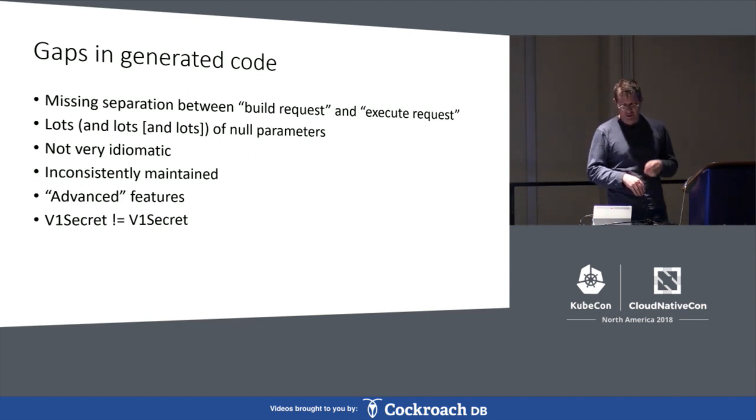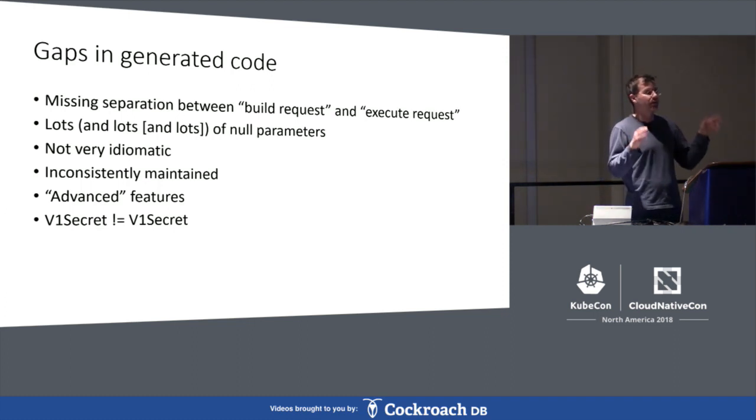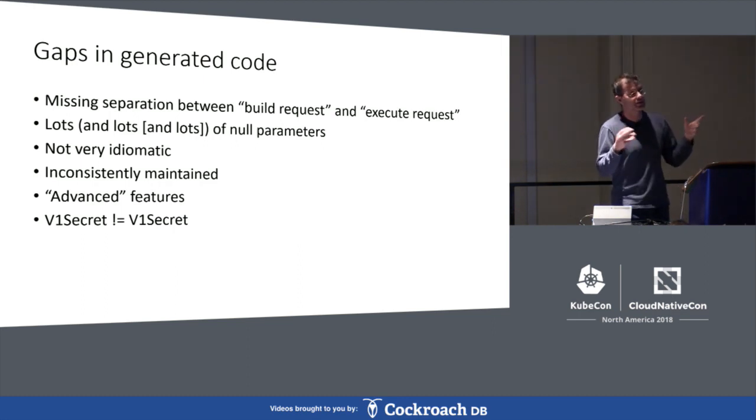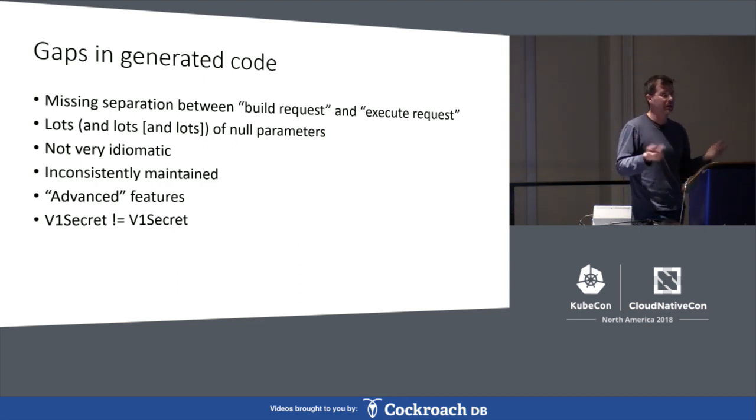I mentioned that they're not always idiomatic, and they're inconsistently maintained. There are lots and lots of null parameters, right? Swagger doesn't have a good way of representing optional parameters, at least in some languages. Java is a great example. Optional parameters aren't really easy to represent.